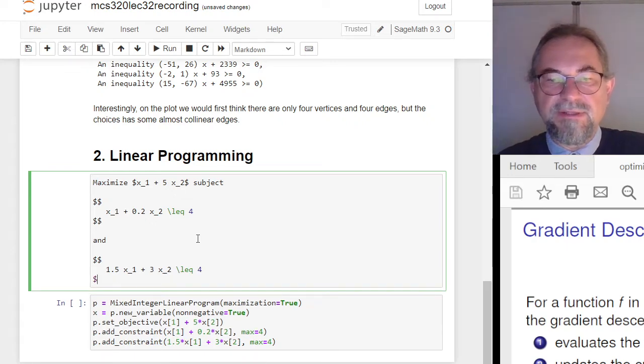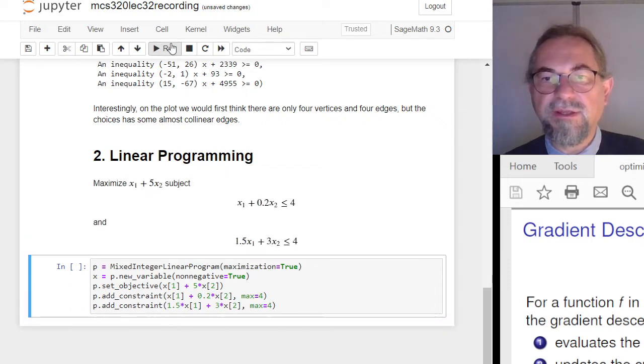So I'm formulating this backwards now. I'm looking at the code, and here you see the problem that we're solving.